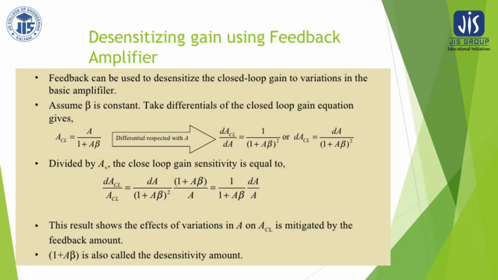Now here dAF could be written as dA divided by this, so we are getting dAF equal to dA by (1 plus A beta) whole square. Let it be equation 1 and this is equation 2. Now we have to divide equation 2 by equation 1.